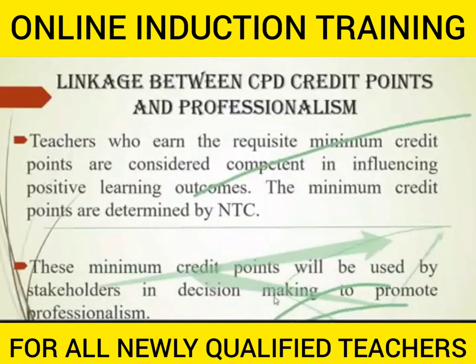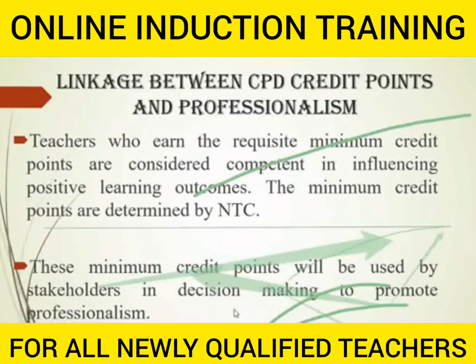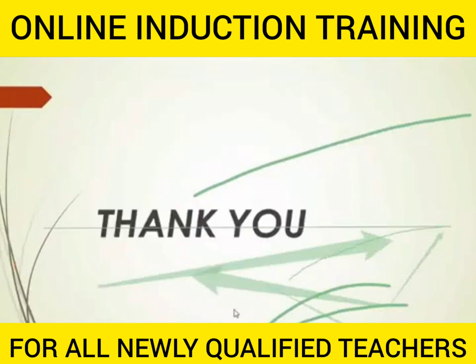These minimum credit points will be used by stakeholders in decision making to promote professionalism. So please note that depending on your rank, you are expected to go through the CPD program or training corresponding to your rank. Thank you.